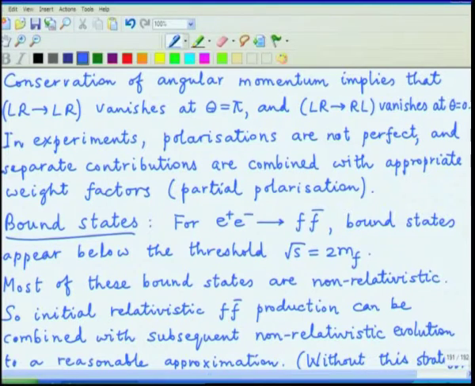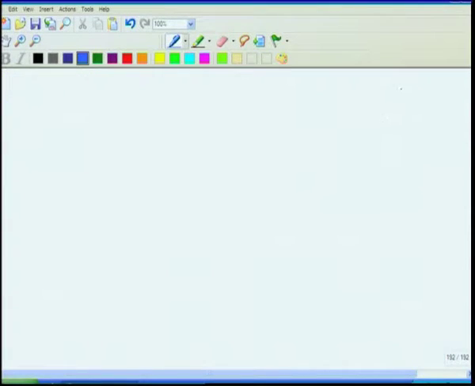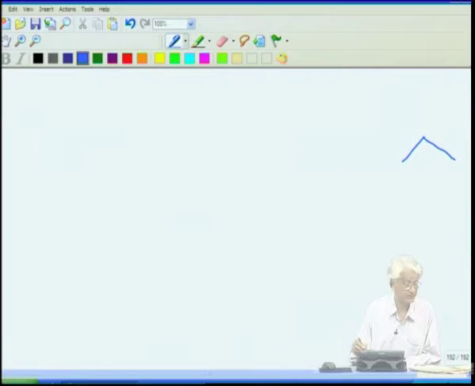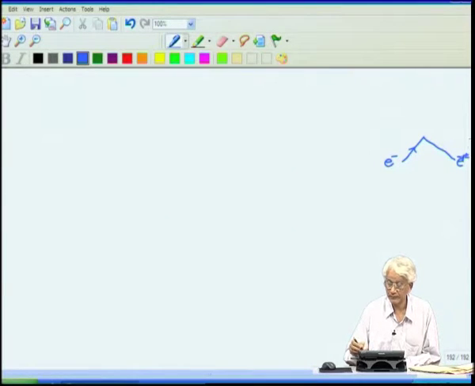So, now let us just explicitly write down some formula which show this structure. So, let me draw the fermion antifermion bound state diagram once again, slightly different than what I drew earlier.